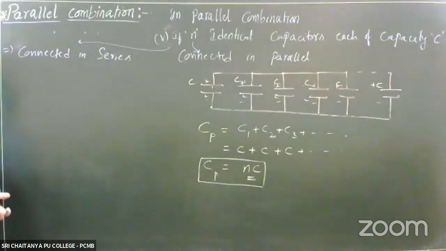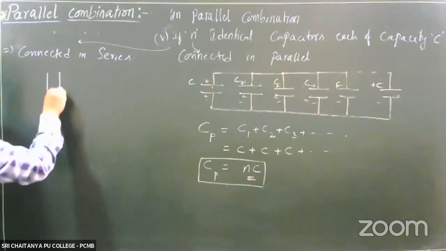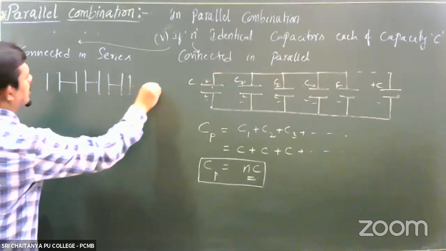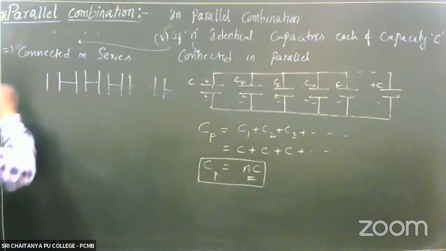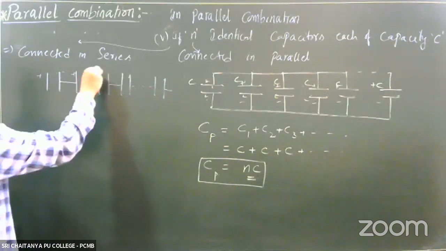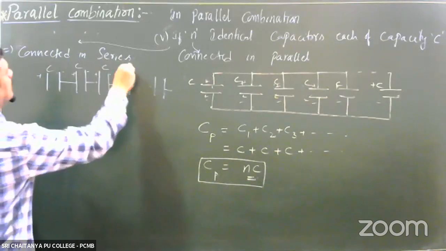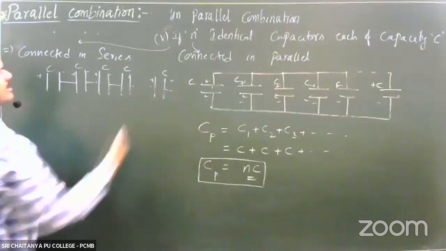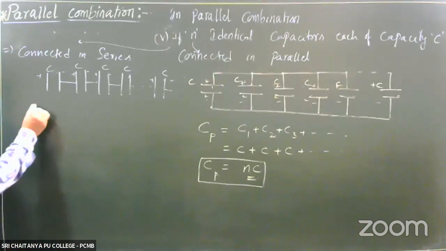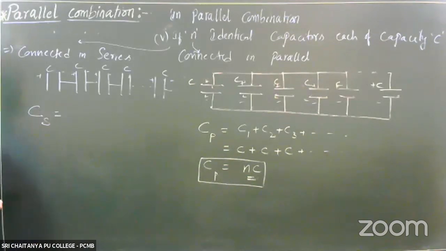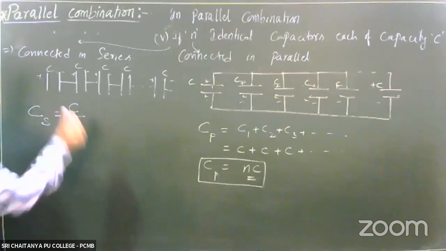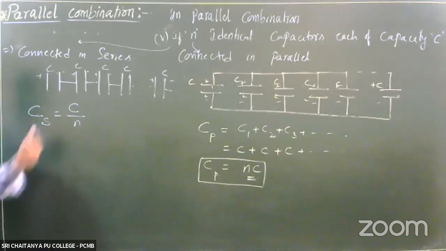If they are connected in series, like this, as we did yesterday, what is the resultant capacity? CS is C by N. Yesterday we derived this.